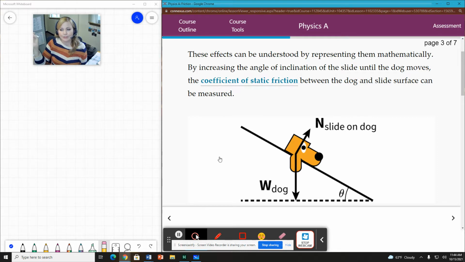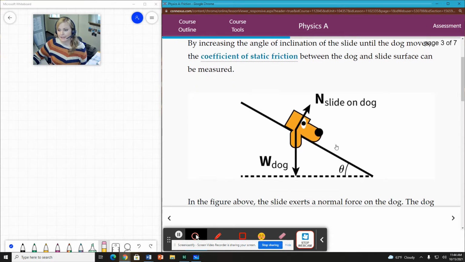If the static friction is less than the force pulling the dog down the slide, which is a component of the weight of the dog, then the dog slides down. If the static friction is greater than or equal to the component of the weight going down the slide, then the dog is going to stay where he is and not slide down the slide.